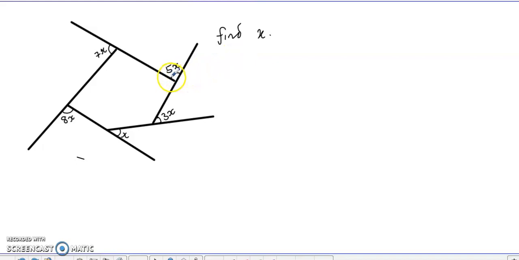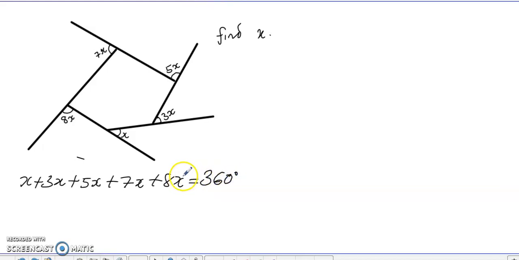Know that the sum of the exterior angles is 360. So I'm going to sum this and equate to 360. That gives me x plus 3x plus 5x plus 7x plus 8x is equal to 360 degrees.